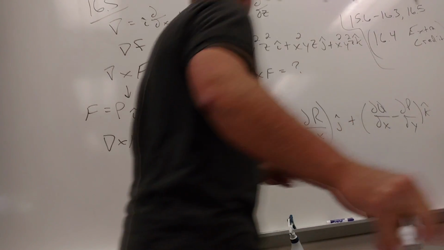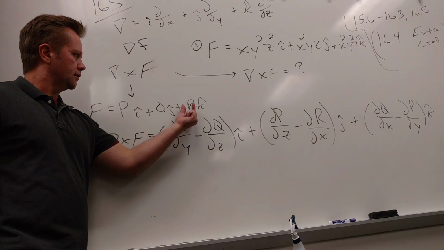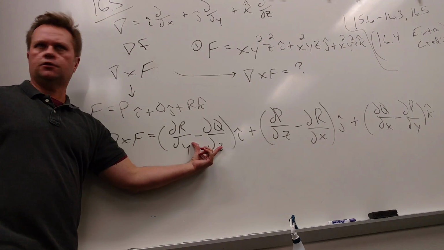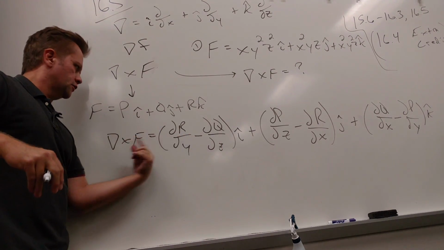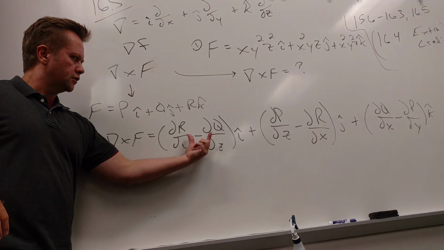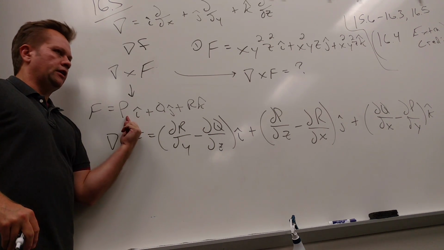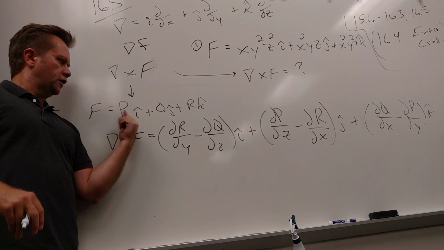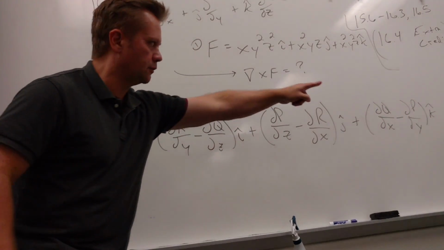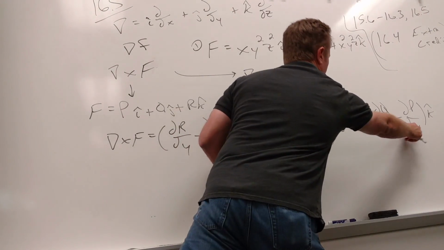Now, if you're thinking about trying to memorize this, see how in the first part, this is going to be the x piece of the answer, right? It's a cross product, so it's going to come out as a vector. We know that about cross product. Do you notice how nothing in here has anything to do with x? P is the x piece of the vector field. There's no dx. Same thing with the other one, right? Do you notice how these are in alphabetical order? These are not.